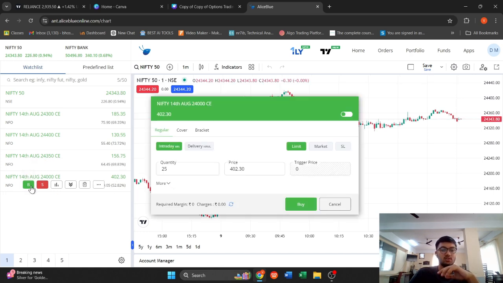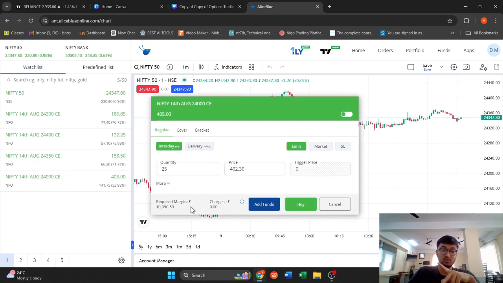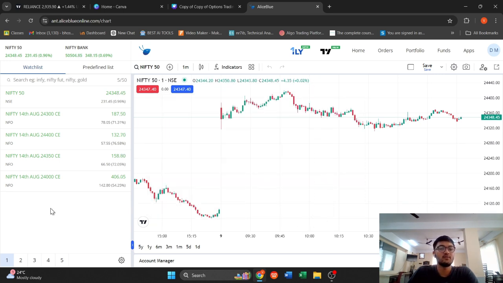It will require you to pay 10,000 rupees for a call option when you are trading deep in the money. But when you are trading at the money, you require just 4,000 rupees. That's the difference. And you can see the difference between the 24,000 level and the 24,344 level comes out to be about 350 rupees.